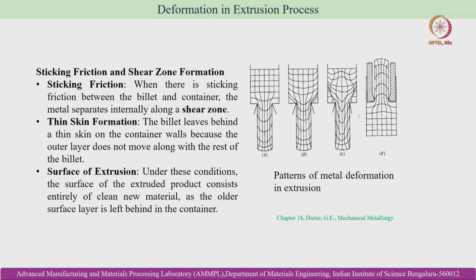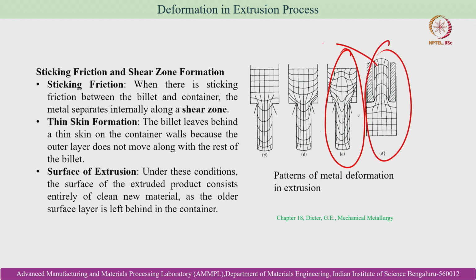And now, the case of sticking friction and shear zone formation. Sticking friction, as we have discussed earlier in the case of rolling, generally exists in extrusion between the workpiece billet and the container wall, and the metal separates internally along a shear zone. You can understand this from the schematic and also from this image.